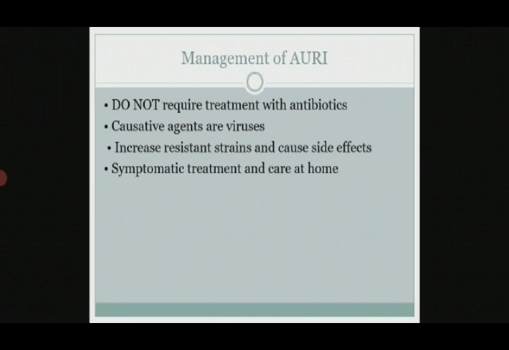Management of acute upper respiratory tract infections usually doesn't need treatment with antibiotics. Acute upper respiratory tract infections include acute sinusitis, cold, pharyngitis, because causative agents are usually viruses. Symptomatic treatment and care at home is enough.